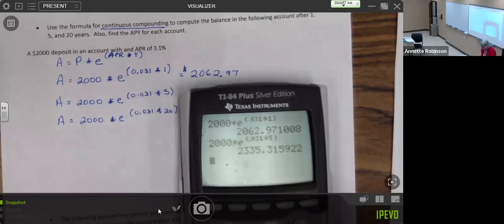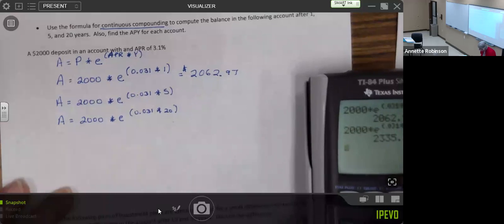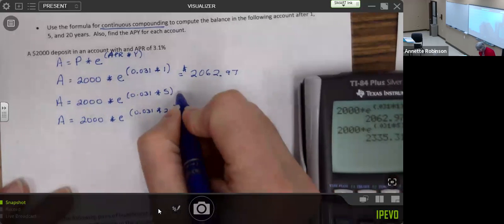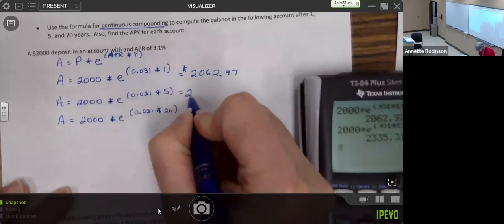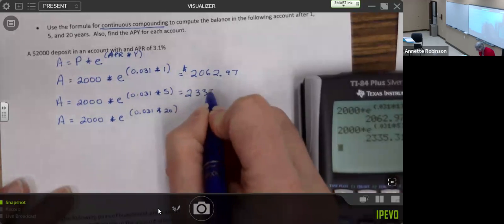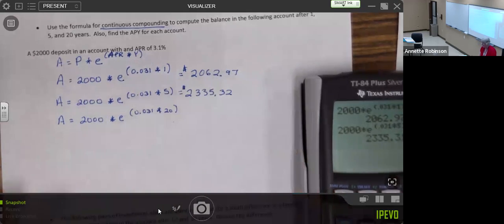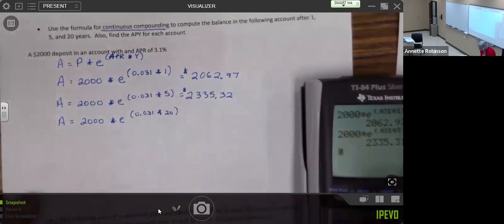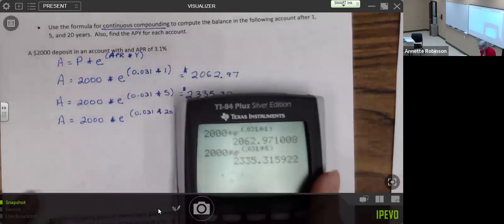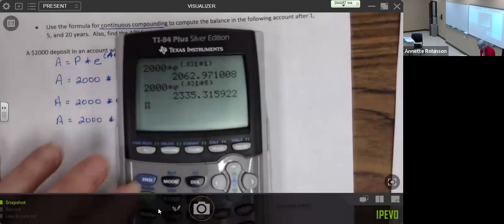So now, 1 year was $2,062.97. The next, for 5 years, it's $2,335.32, because the 5 is going to change the 1. Again, I'm not retyping this. I want to hit second and enter.